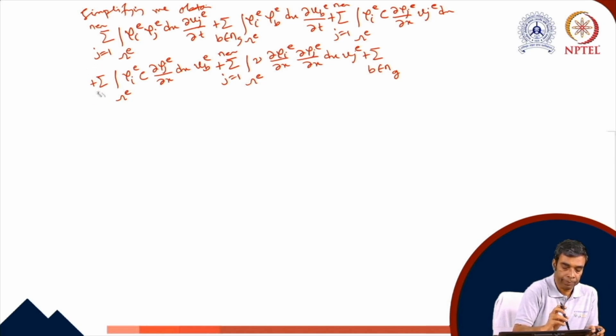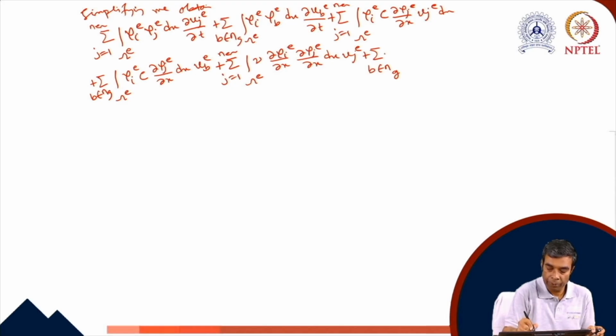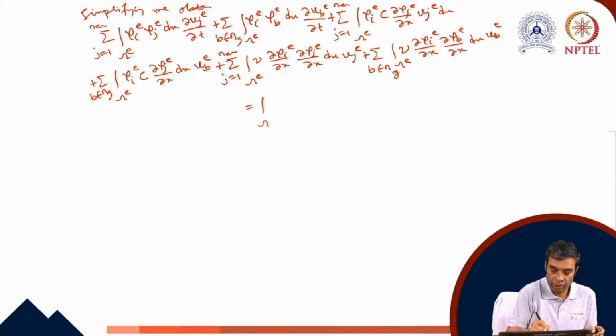plus summation over b belongs to eta_g. Here this will be for the EBC portion. So here we have integration over omega e nu del psi_i^e/del x del psi_b/del x dx u_b equals integration over omega e psi_i^e s dx plus boundary integral over gamma e psi_i^e h bar d gamma e.